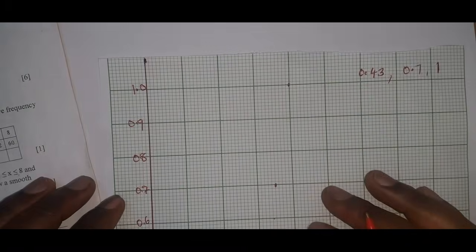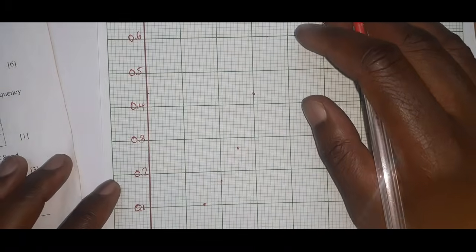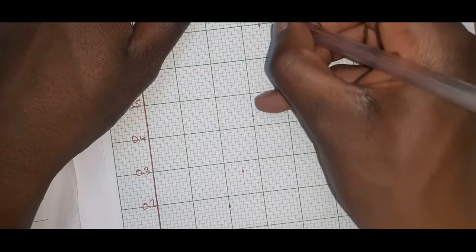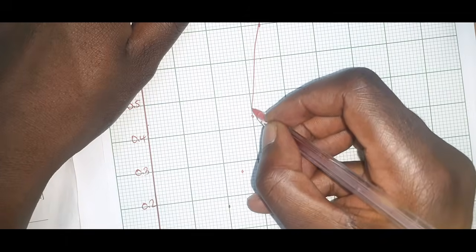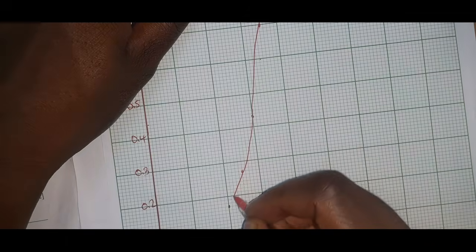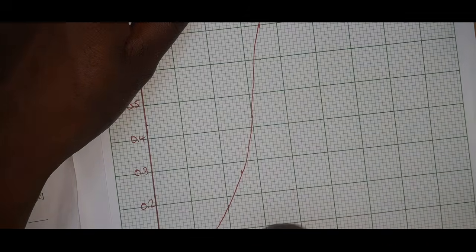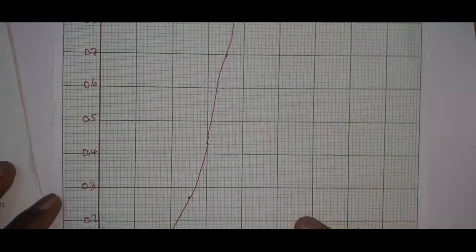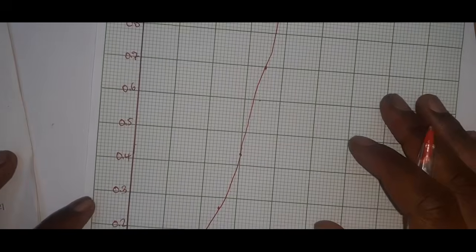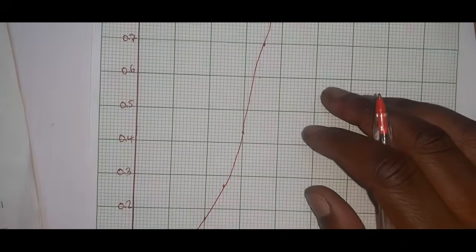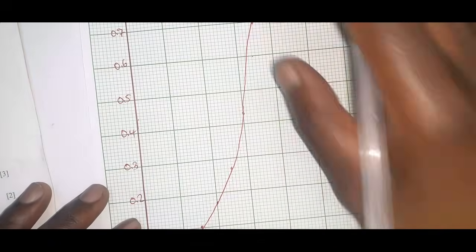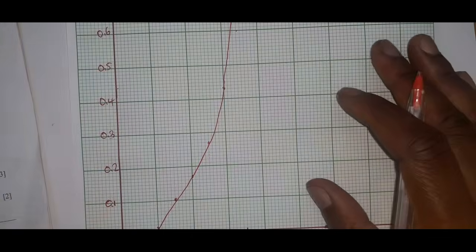So then we need to join these points nicely. We can join them from any point. Okay, like this. So this is the relative cumulative frequency.